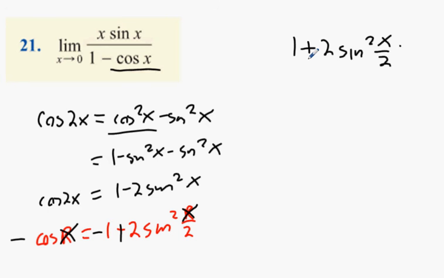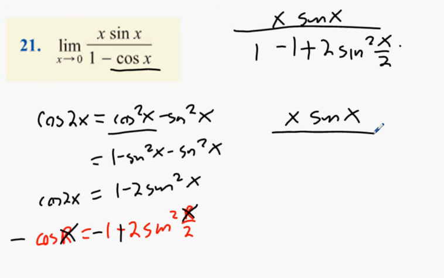So that'll be plus and minus. There was a 1 beside that, wasn't there? And there's still an x sine x on top. And then we're going to get x sine x divided by, anybody? 2 sin squared x over 2.